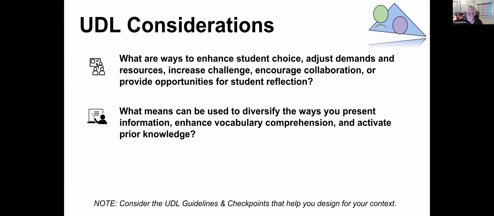So what means can be used to diversify the ways you present information, enhance vocabulary comprehension, and activate prior knowledge? When you think about, for example, a student who is having a challenge reading, and you're a science teacher teaching about different forms of rocks, and the student cannot access a big science textbook, which we all know, I don't know if it's true in other countries, but we have a big textbook.